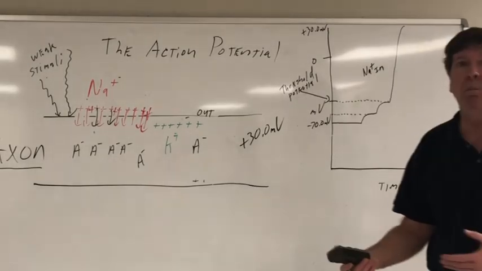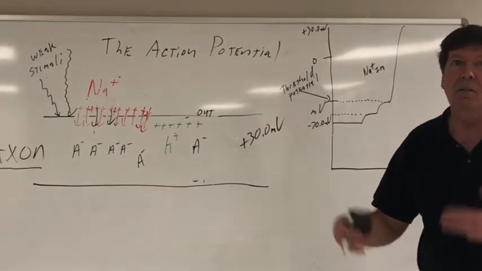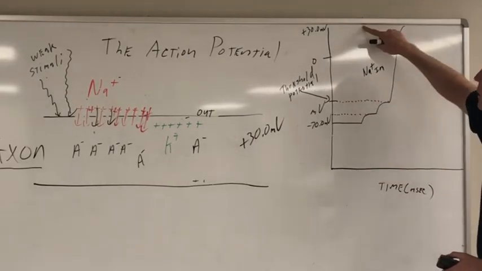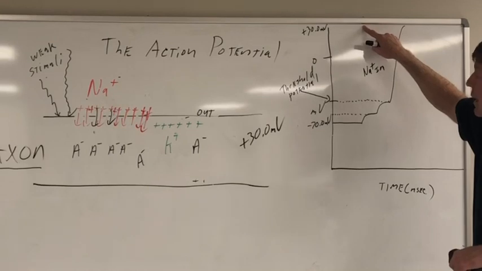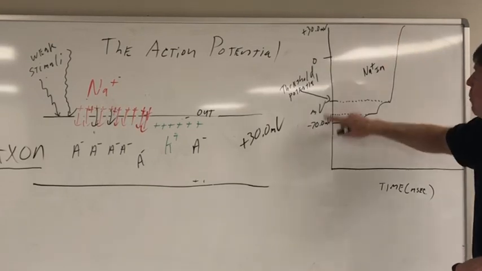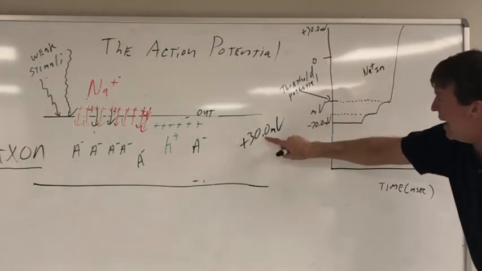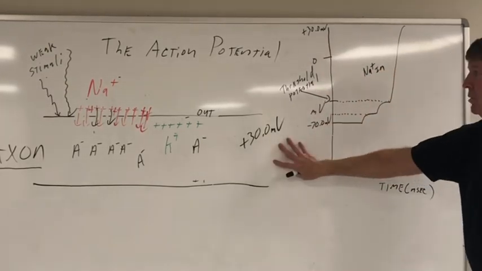Polarized means inside's negative, outside's positive. When we shoot up here, just some important terminology, we've gone from polarized to depolarized. So at positive 30, right now, this is depolarized. All right?